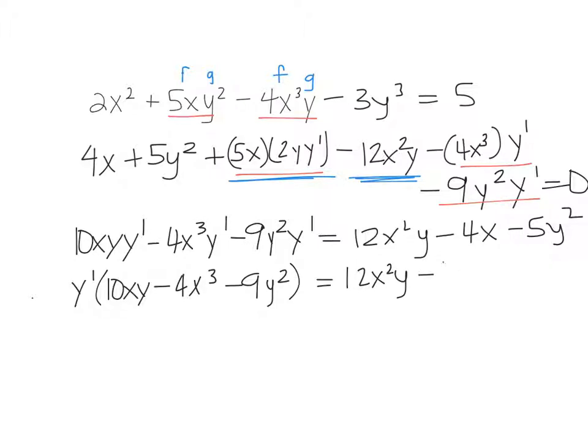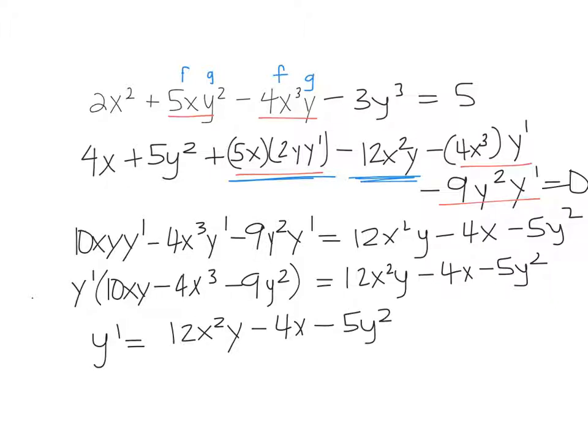If it's obvious to you, then you won't do it wrong. Then you divide. If it's not obvious, just do the long way. If you pull out the y prime, you can see what's going to be left, right? It's everything except for the y primes. There we go. So that's how you do this.